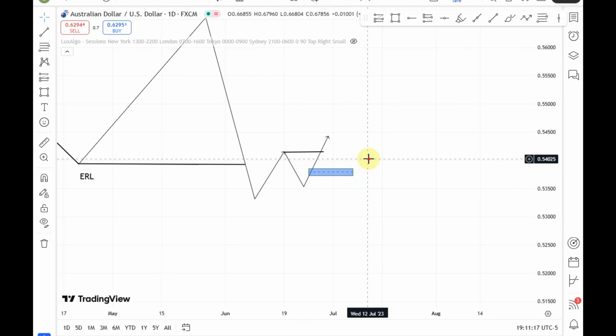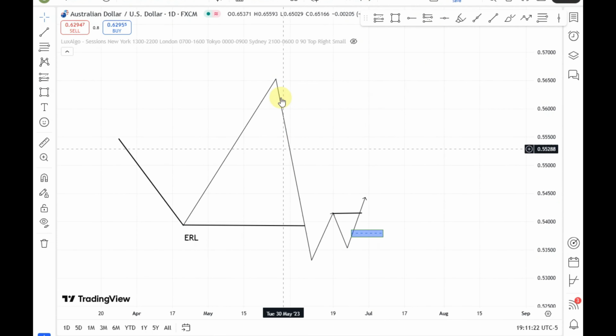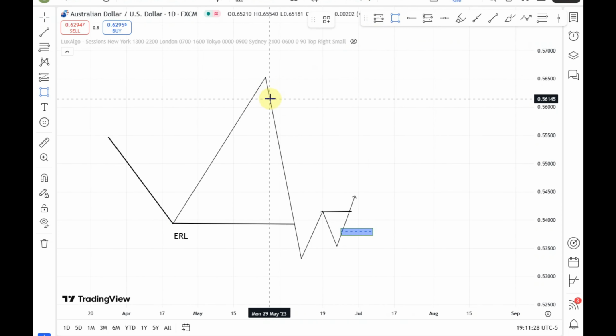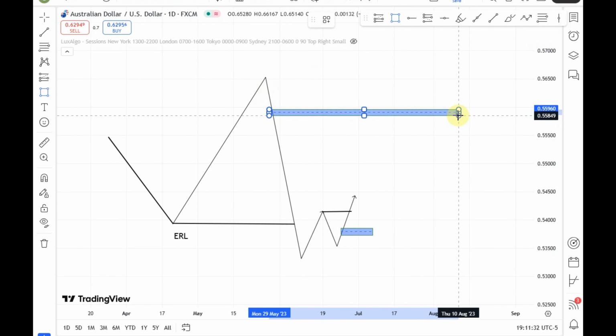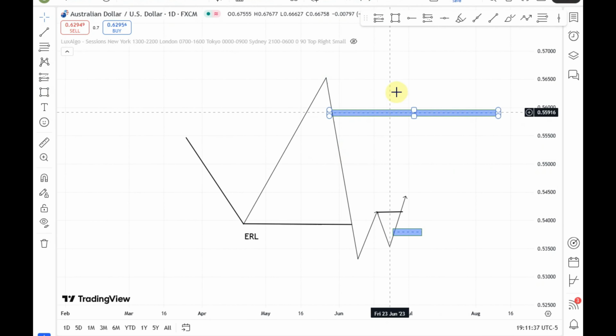Then I'll look for entries in this 1 hour time frame. There is some liquidity here, the internal range liquidity, which is another fair value gap block. So maybe it's somewhere here. I look for ways of taking that.